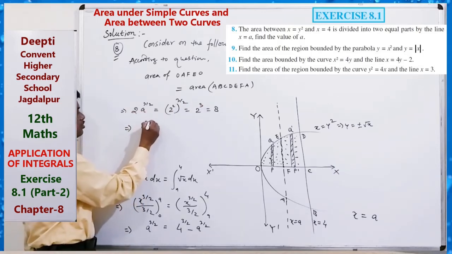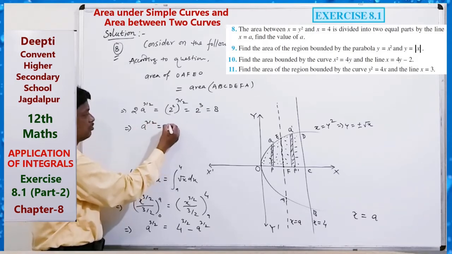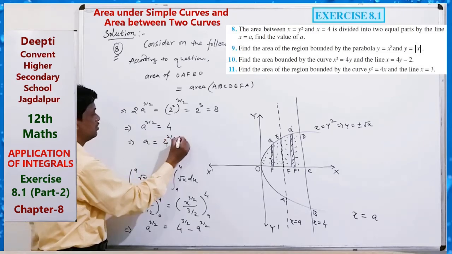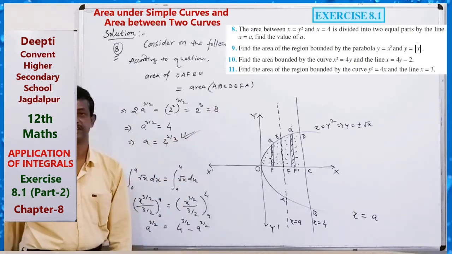So a to the power 3 by 2 equals 4, so a equals 4 to the power 2 by 3. This is the value, this is the answer.